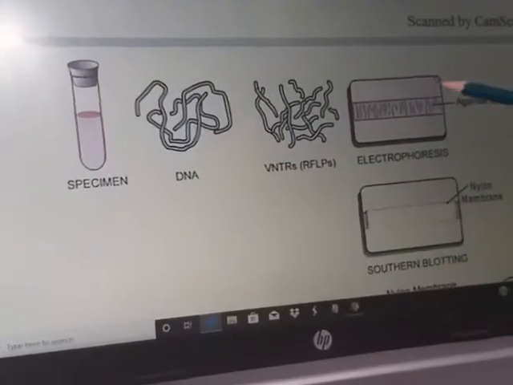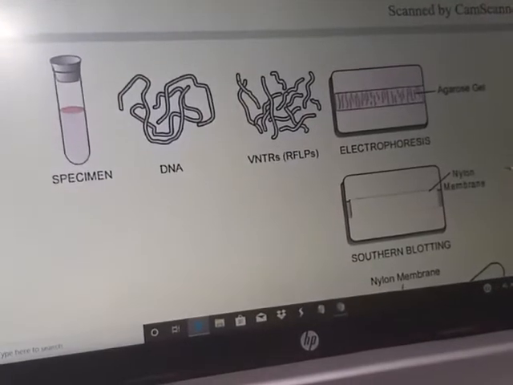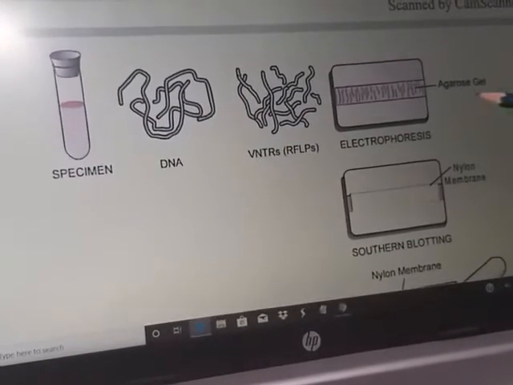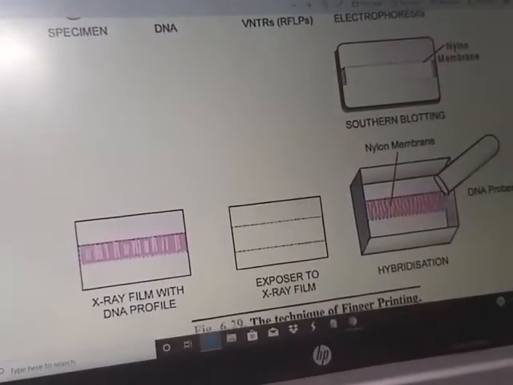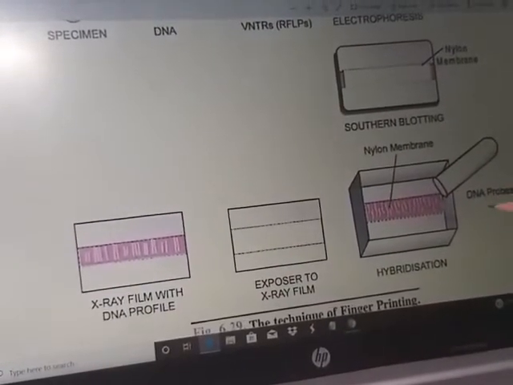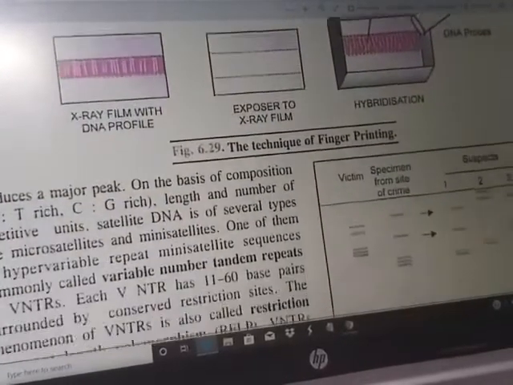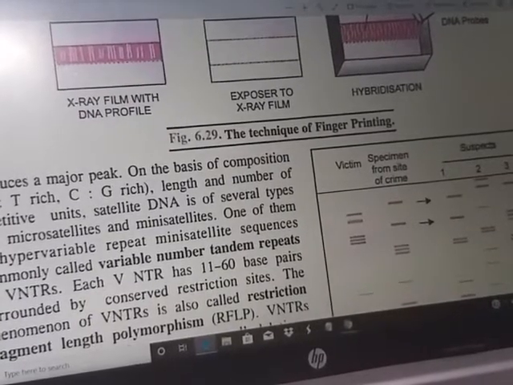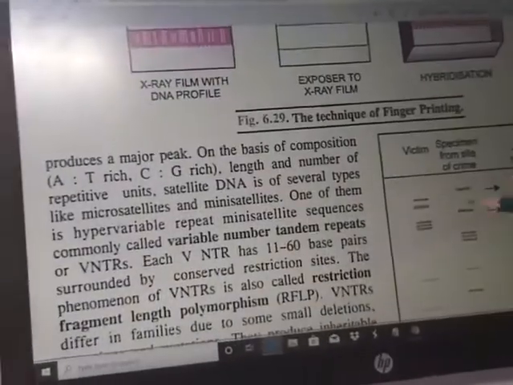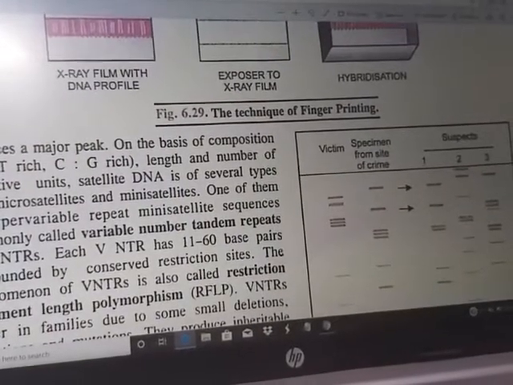Here are some brief diagrams regarding the technique of DNA fingerprinting, but we will explain them after we cover the steps of the technique. During this technique, at the end, we get certain bands, and these bands are matched.